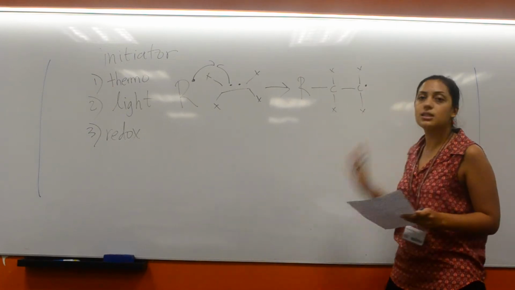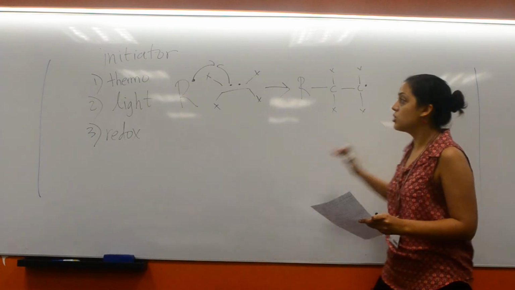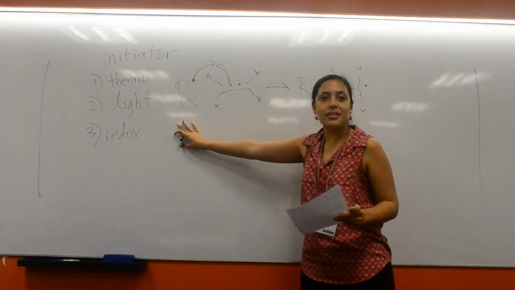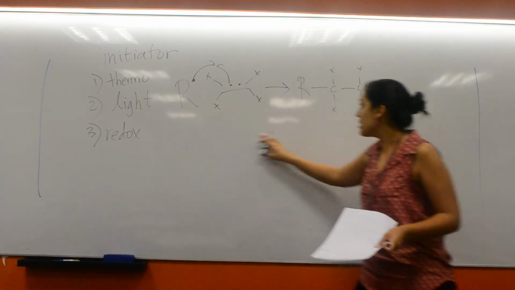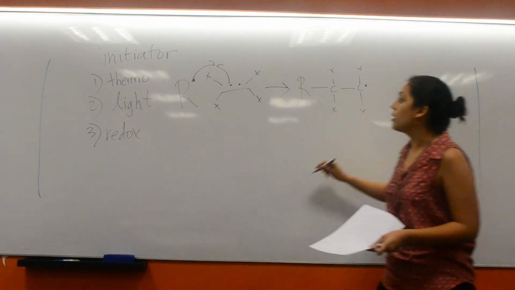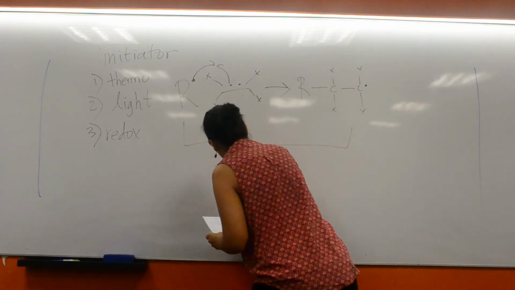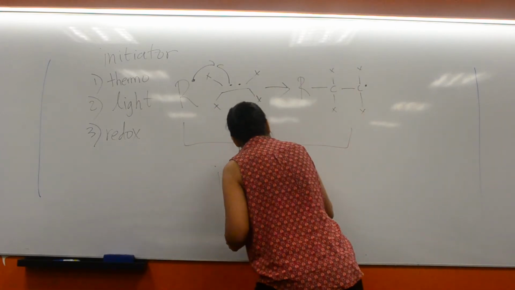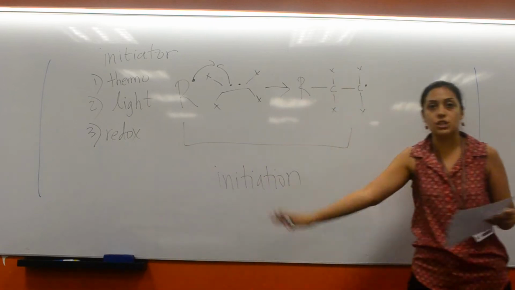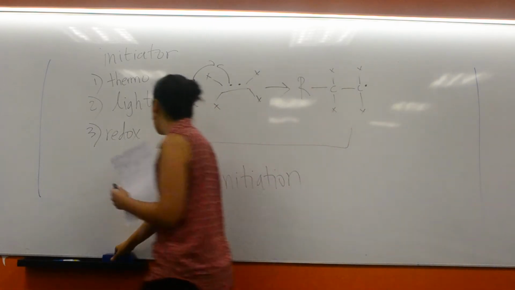And now this can serve to initiate the next step in the chain growth reaction. So this was your initiator, but now that it has initiated the process, the alkene itself is now the reactive part. And this whole thing is called the initiation step, right?